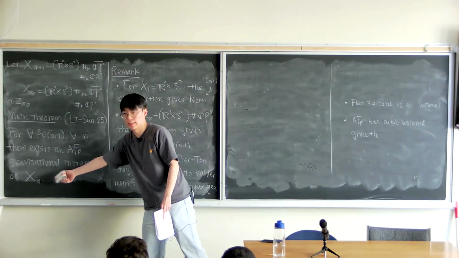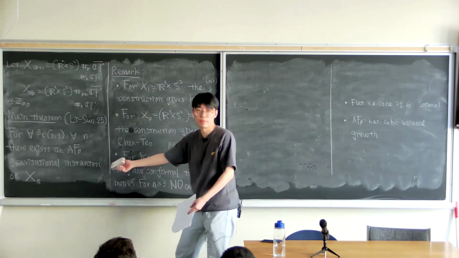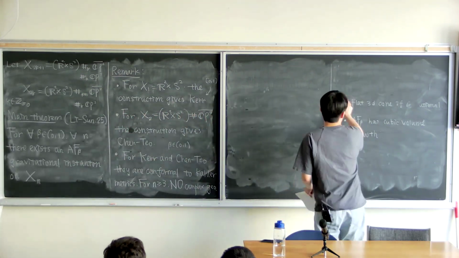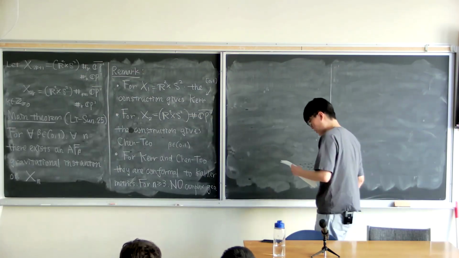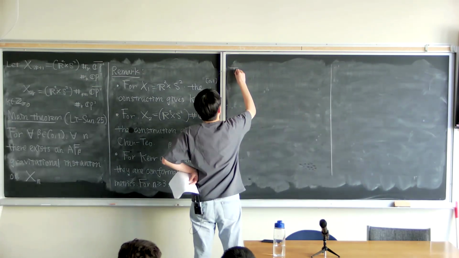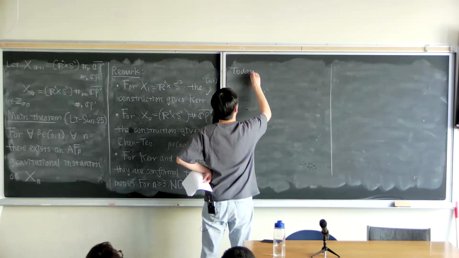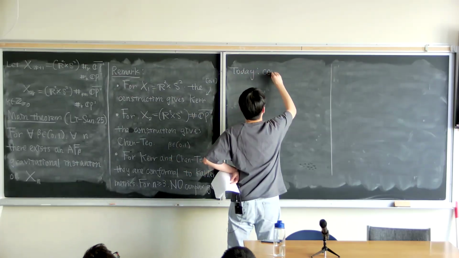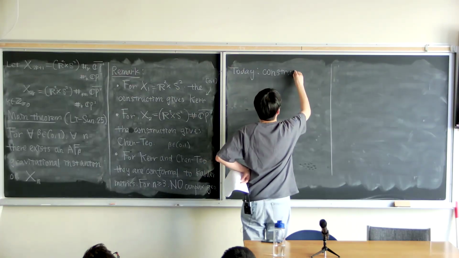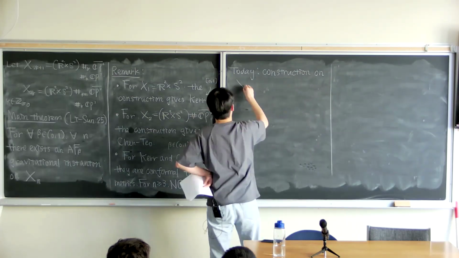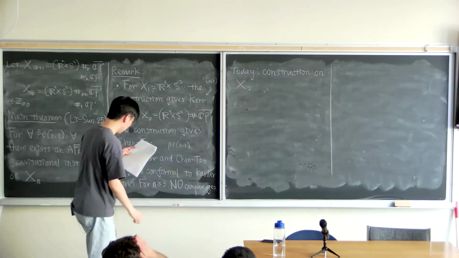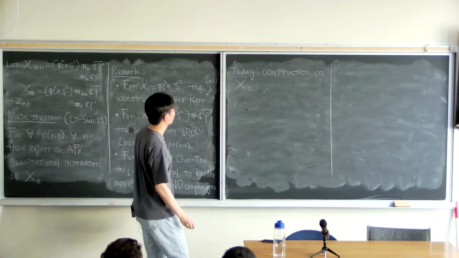So I'll pick the easy case, n equals 2, to show you the idea of the construction. So we'll focus on X2. That's what we are going to do on X2 today.